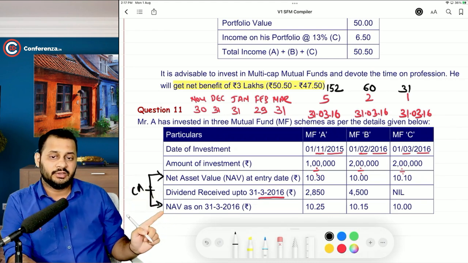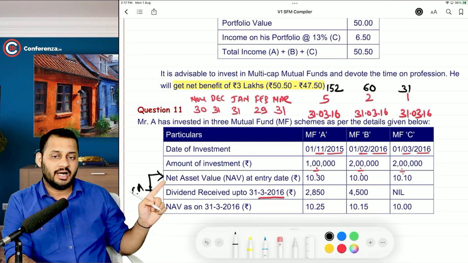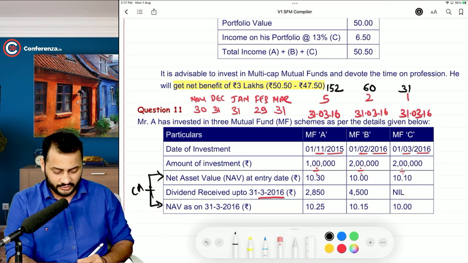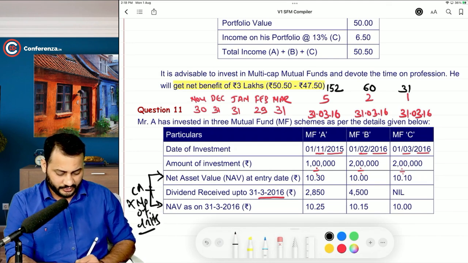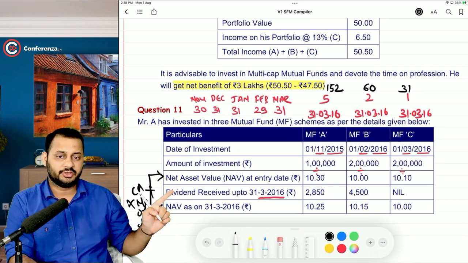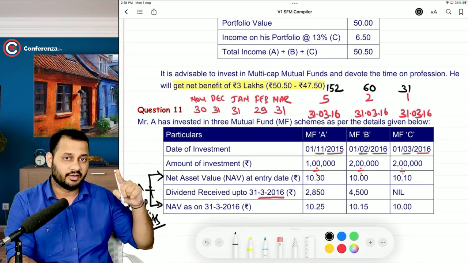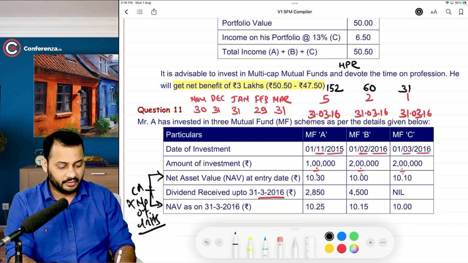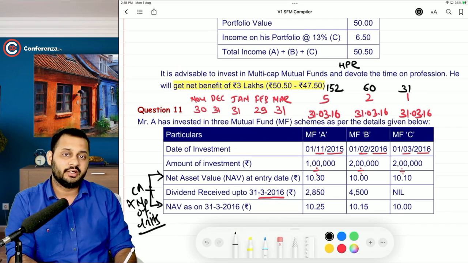But please understand, NAV is given on a per unit basis and dividends are given on a total basis. So you take capital appreciation multiplied by the number of units. The total capital appreciation plus total dividend in the numerator, divided by the amount of investment, will give you the return for that period. It is called the holding period return, the return only for the period you have held these mutual fund units.